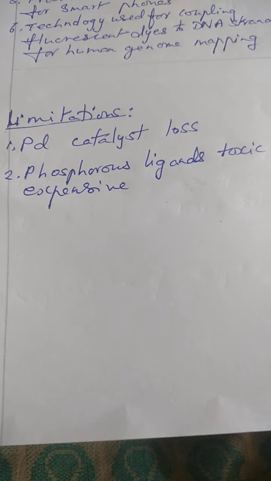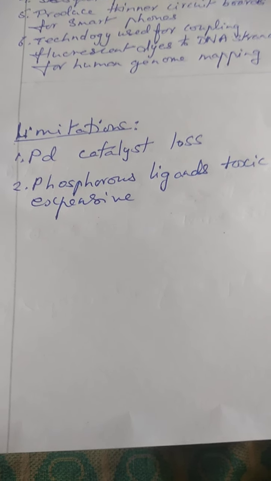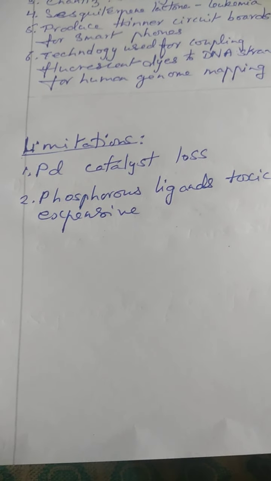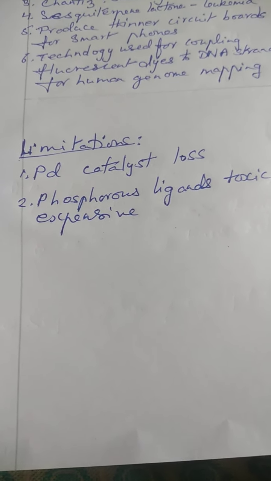And phosphorus ligands, of course, as we all know, are toxic as well as expensive. So this was all about the Heck coupling reaction, and I hope you were able to follow. We will soon be doing some assignments based on these.